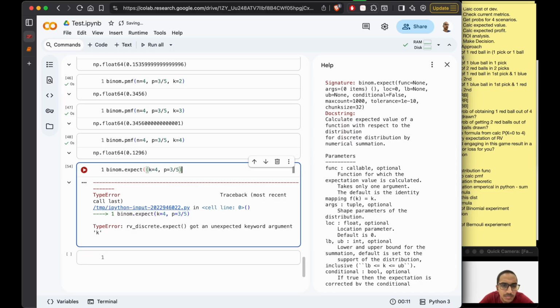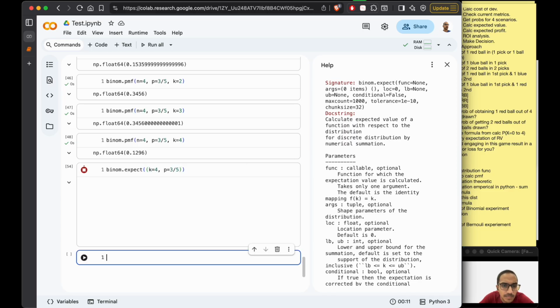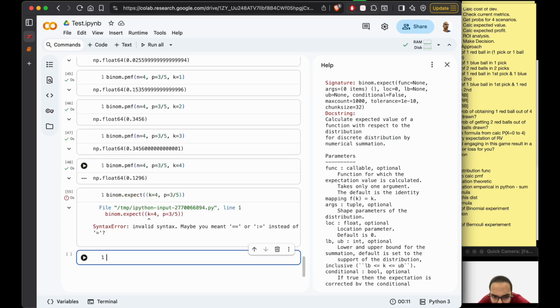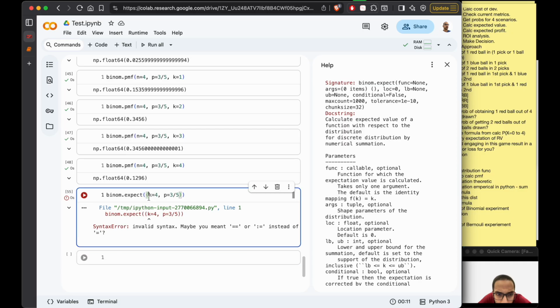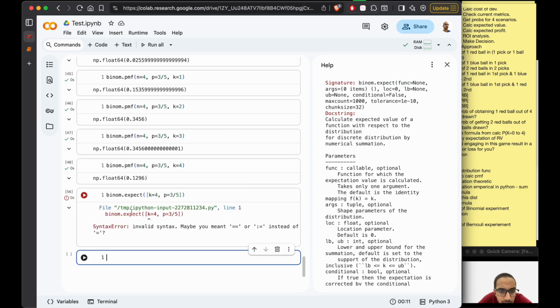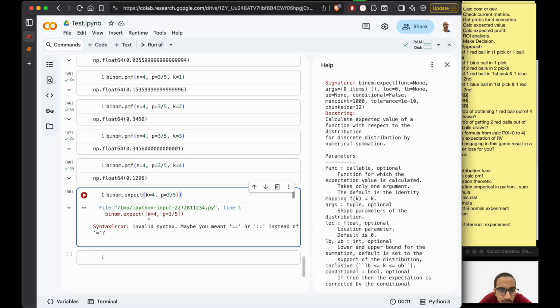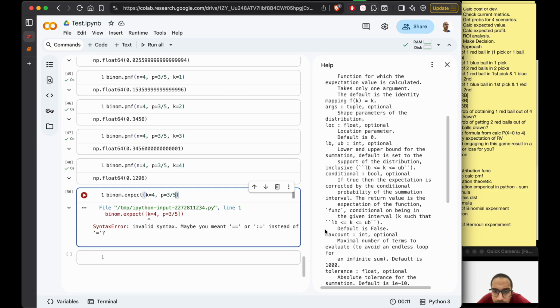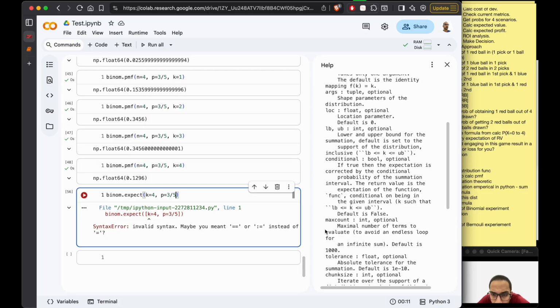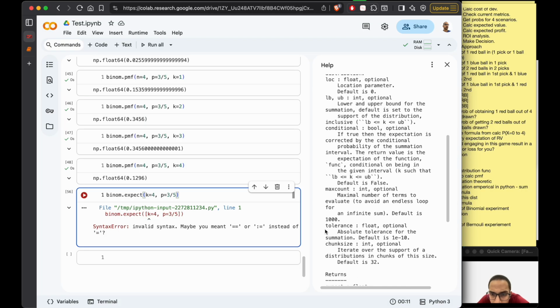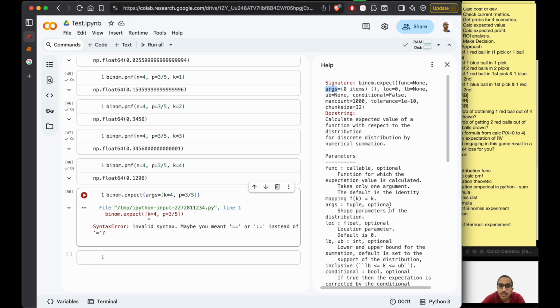A parameter of the distribution. Yeah, I think this is the one.